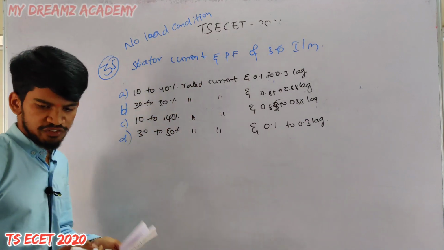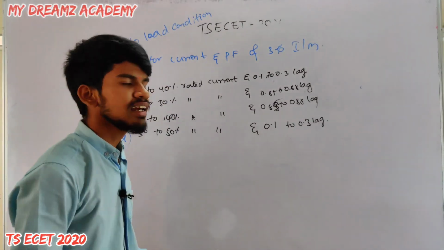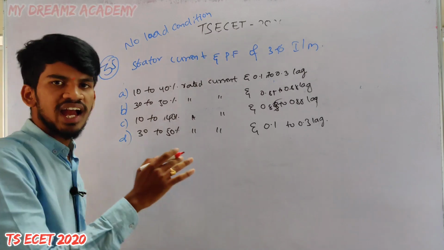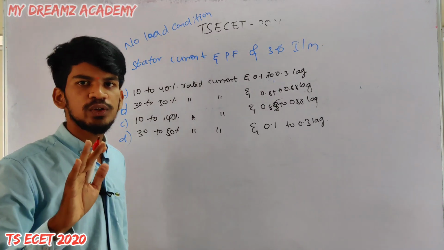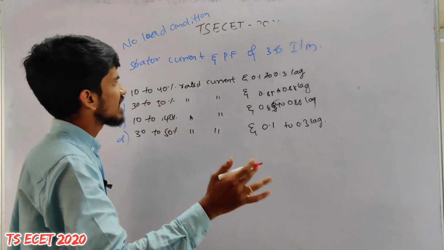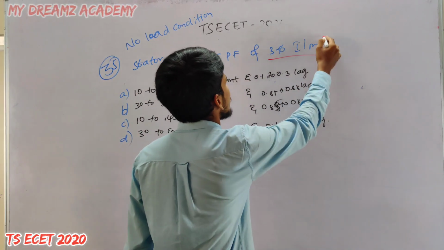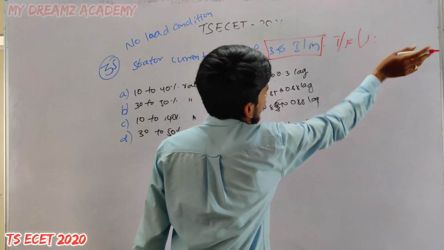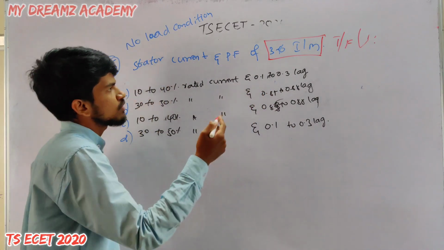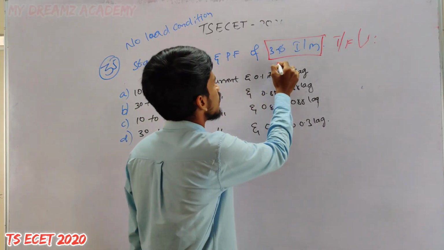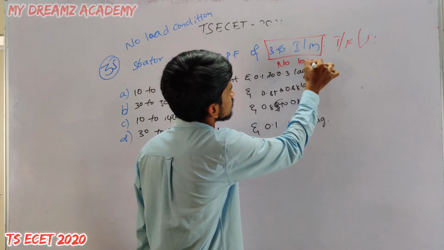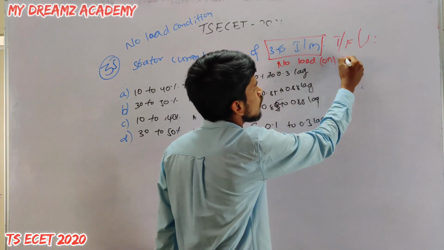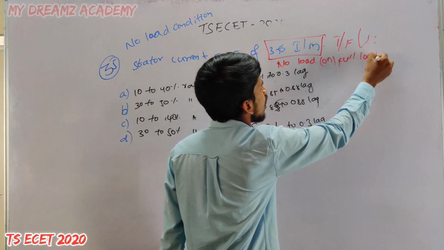If you see all these options, the values are similar. You need to differentiate whether the given question is about a 3-phase induction motor or a transformer or any other motor, and also whether it is asked at no load condition or full load or running load.